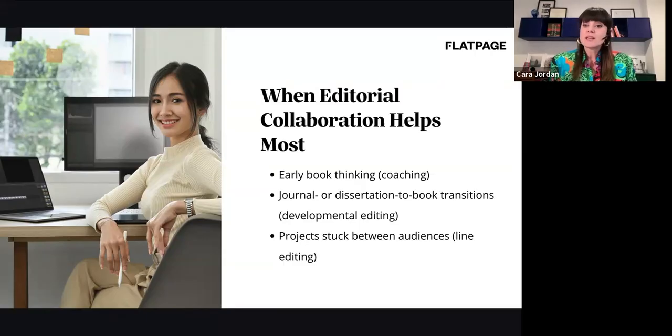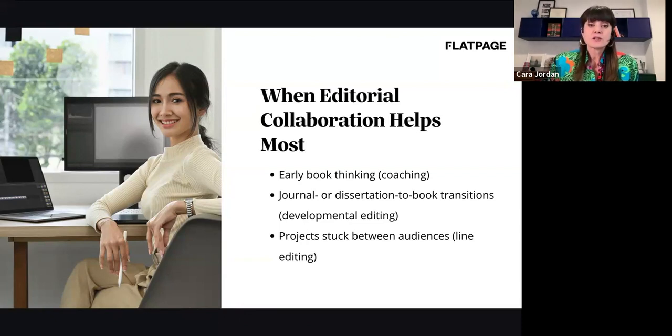Book coaches might be helpful as you conceptualize your project and plan the writing process. They can also look over drafts and help you establish the direction of your writing. Developmental editors look at fully written manuscripts and they provide feedback on the overall argumentation, organization, your use of evidence to support, and your overall voice throughout the text.